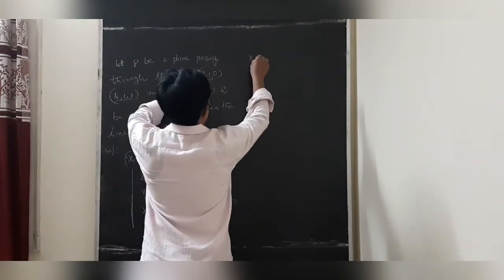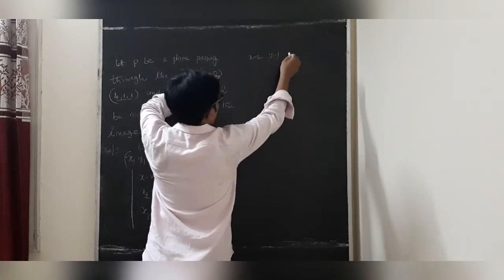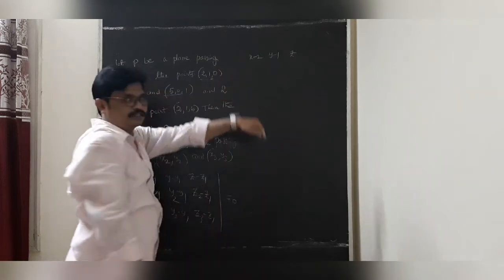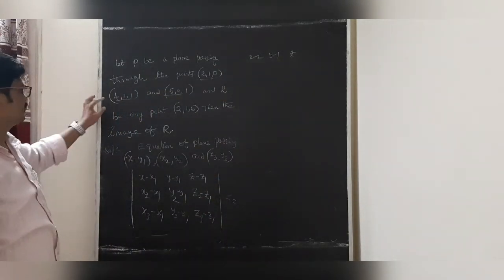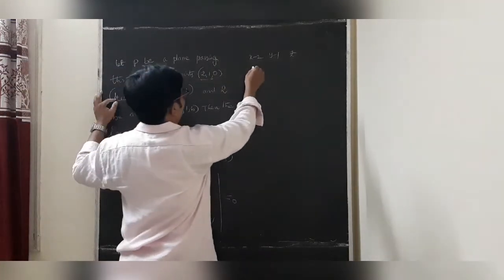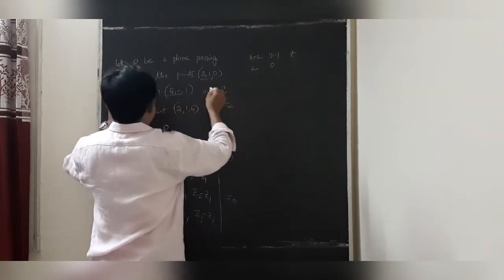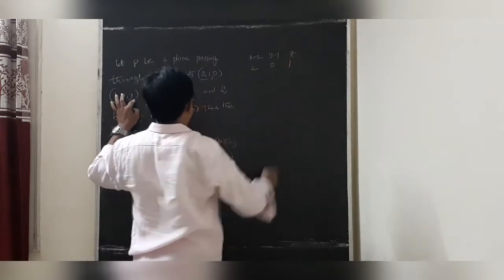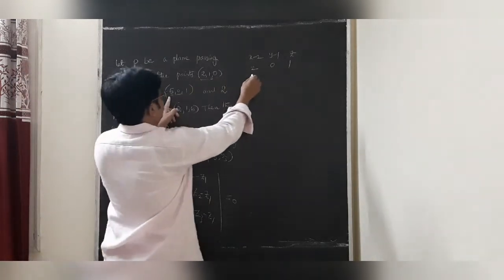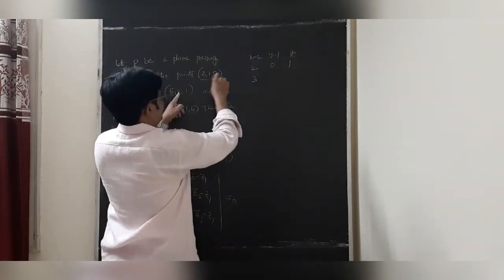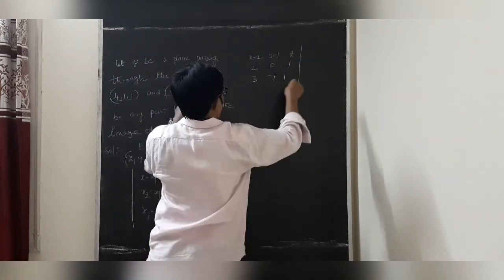Row one: x minus x1, that is x minus 2, y minus y1, that is y minus 1, z minus 0. After that, x2 minus x1, 4 minus 2 is 2, then 1 minus 1 is 0, 1 minus 0 is 1. Dear students, 5 minus 2 is 3, 0 minus 1 is minus 1, 1 minus 0 is 1.